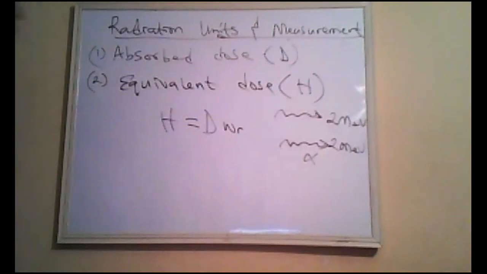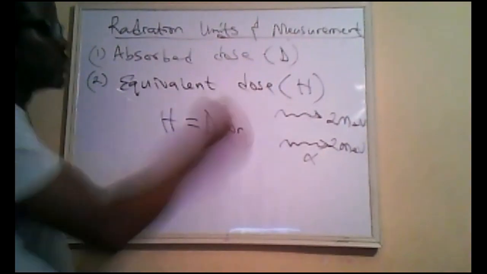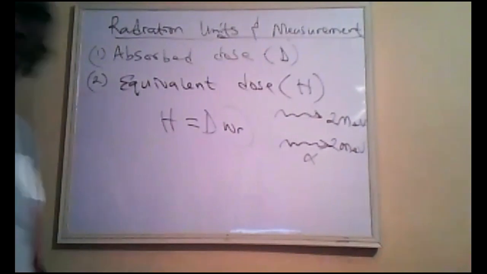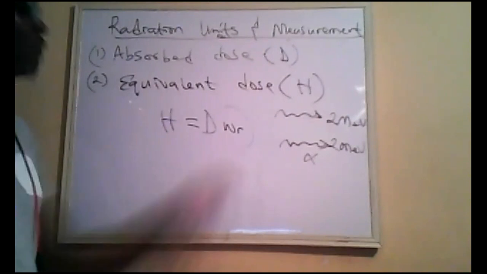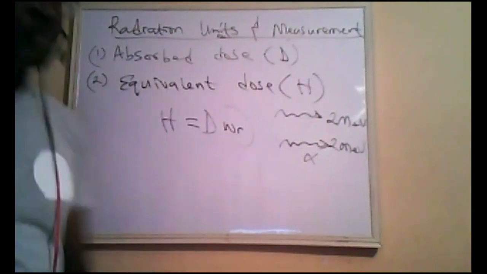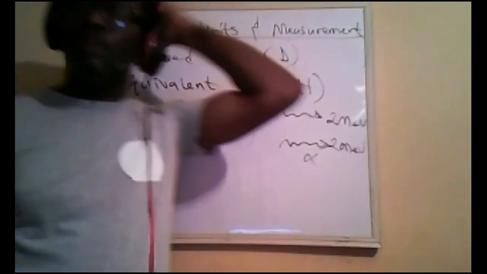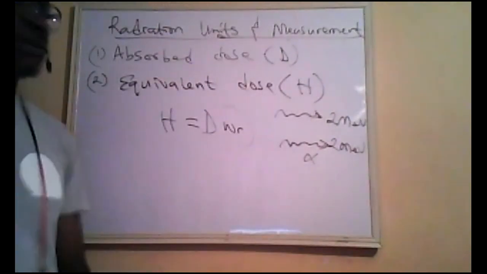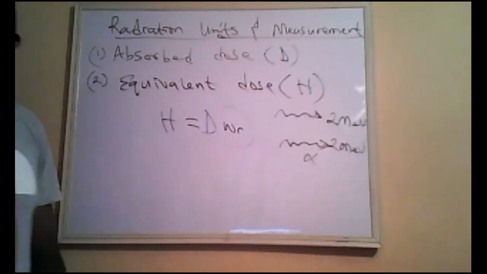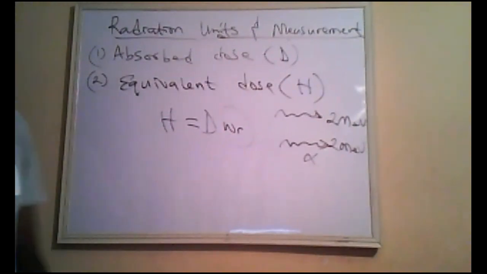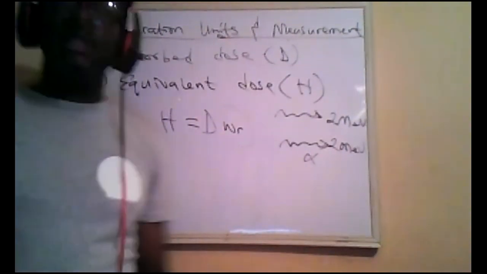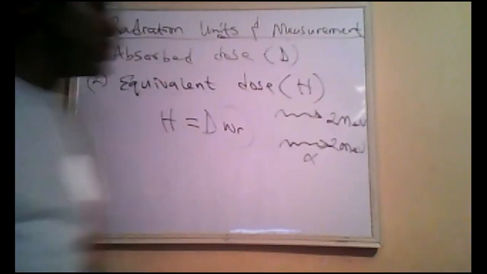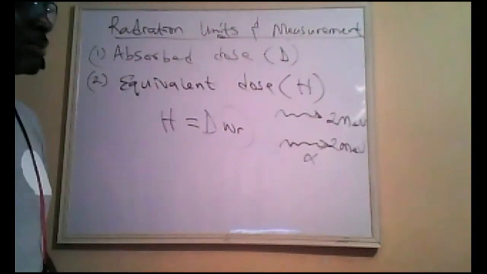So we have the ICRP, who have come up with a list of the quality factors of different radiations. At least you have one for fast radiation. Neutrons have their values, electrons have their values, usually 1, protons usually 1, alpha, and so on and so forth, also depending on the energy of such particles.